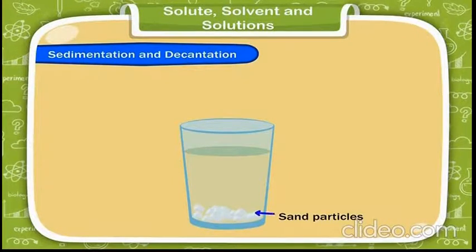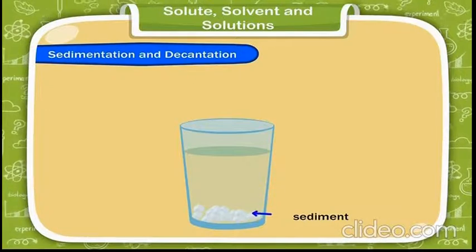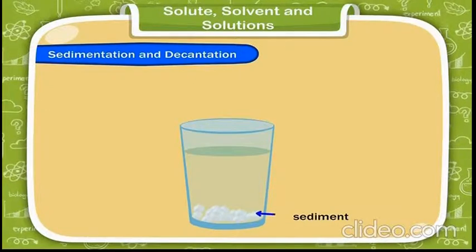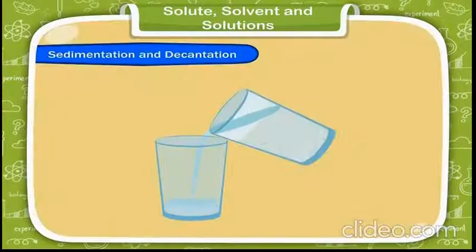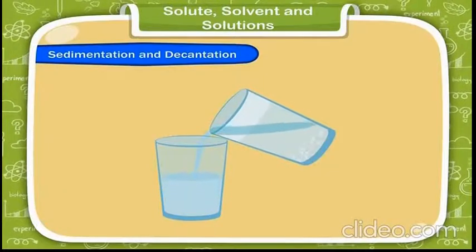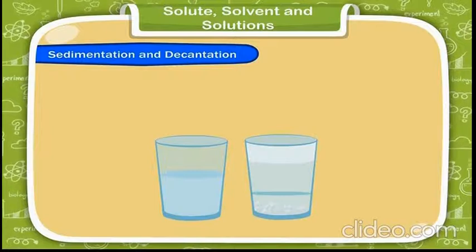So you may pour this water into another utensil, another glass or beaker, leaving behind the sediments, right? This method of pouring the clean water or clean solvent from the sediments, leaving behind the sediments, is called decantation.